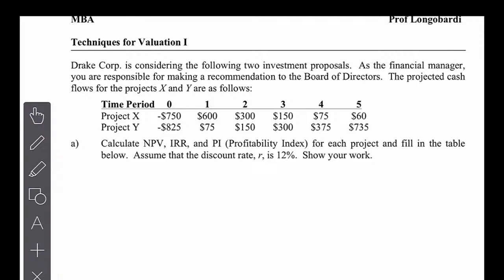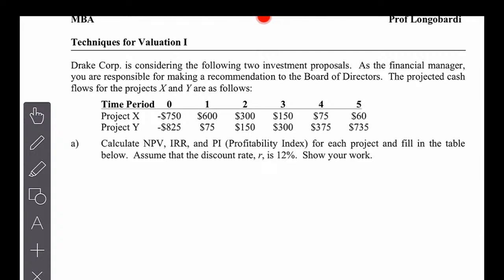So basically I want you to compute and show me your formula for NPV, IRR, and the result. They are both investment projects, so there's nothing more tricky here. It's just exactly like the exercise we just did. And what I want you to find is their NPV, their IRR separately, and their PI.